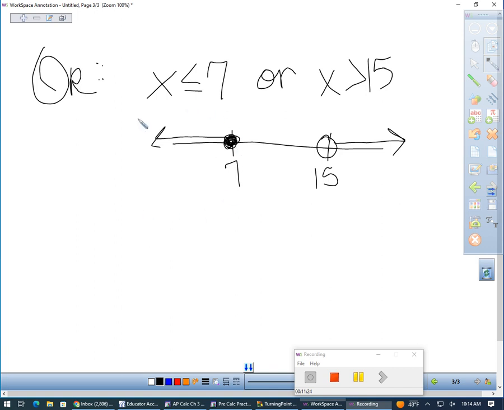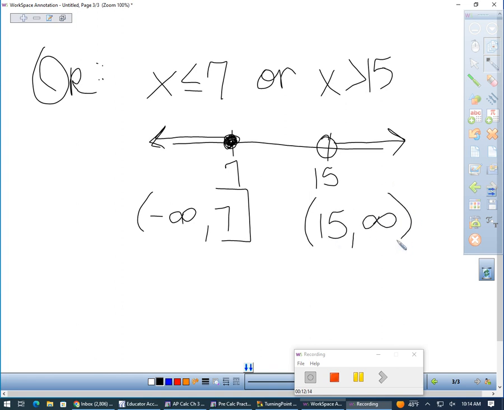For this first interval, I start at my arrow, which was negative infinity, and I go to 7 with a closed dot, or a bracket. This one starts at 15, which is a parenthesis for the open dot, and this goes to positive infinity. The only thing we have to add to connect these two together is a U in between.